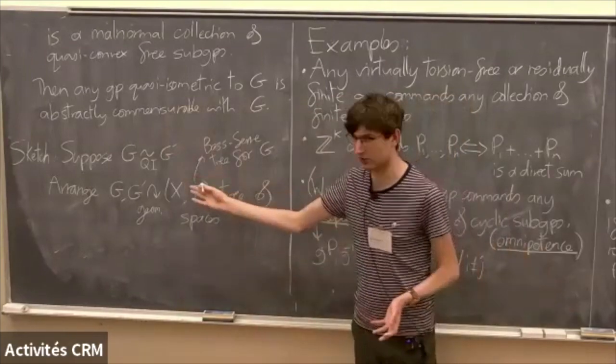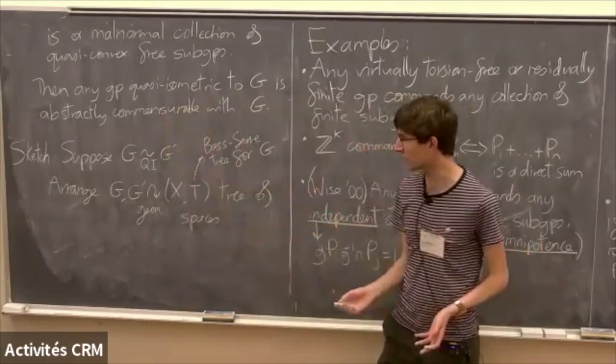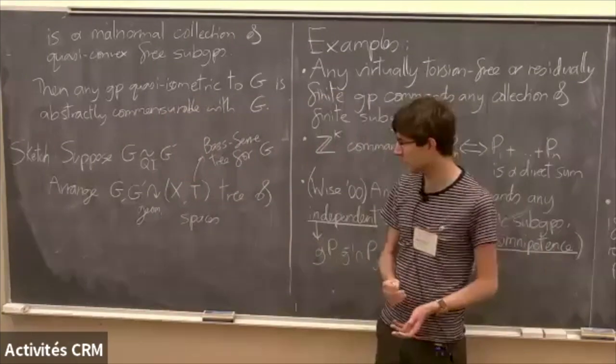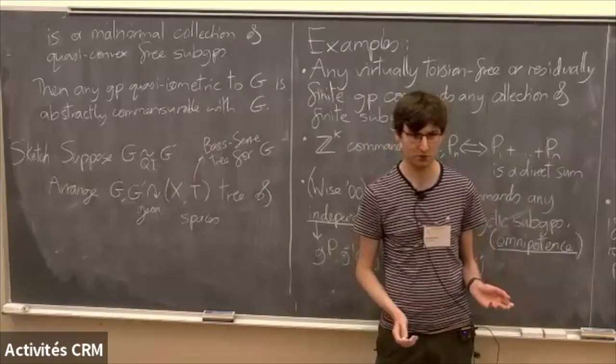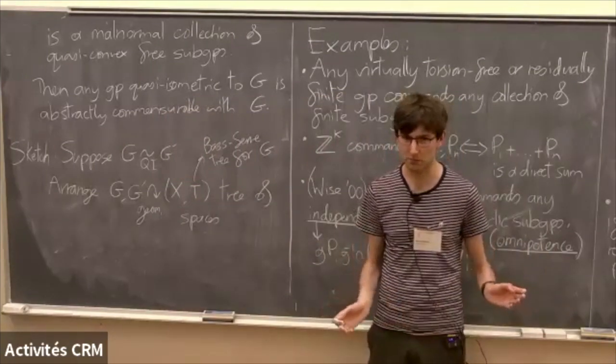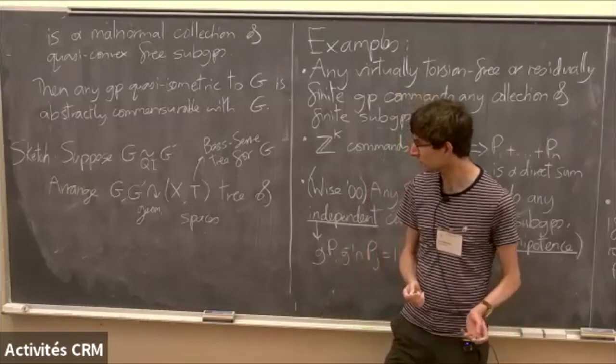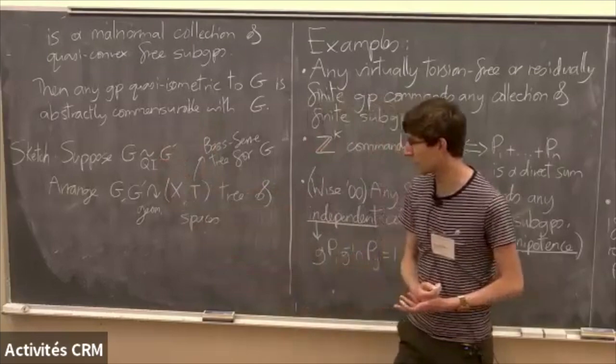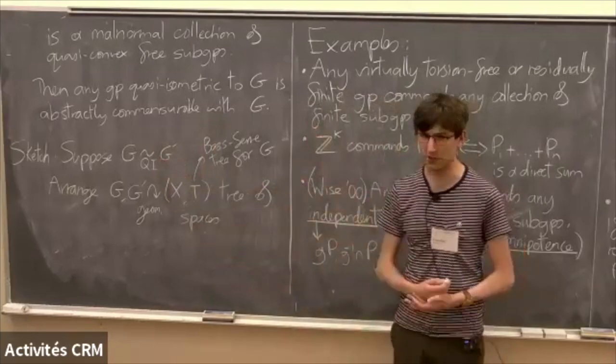So already there's a fair bit of work that goes into this. In general, if you have two quasi-isometric groups, it's not true that you can get these groups to act geometrically on the same metric space. So we're really using the nice properties of the group G that we have in this case.